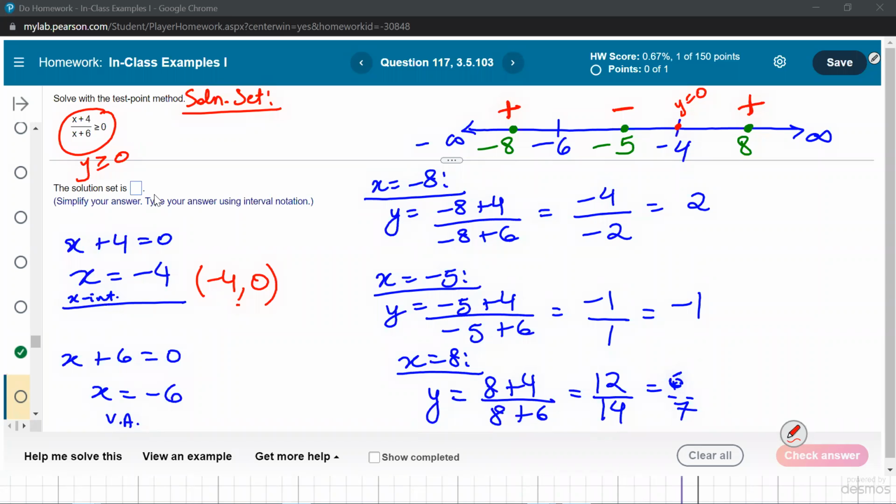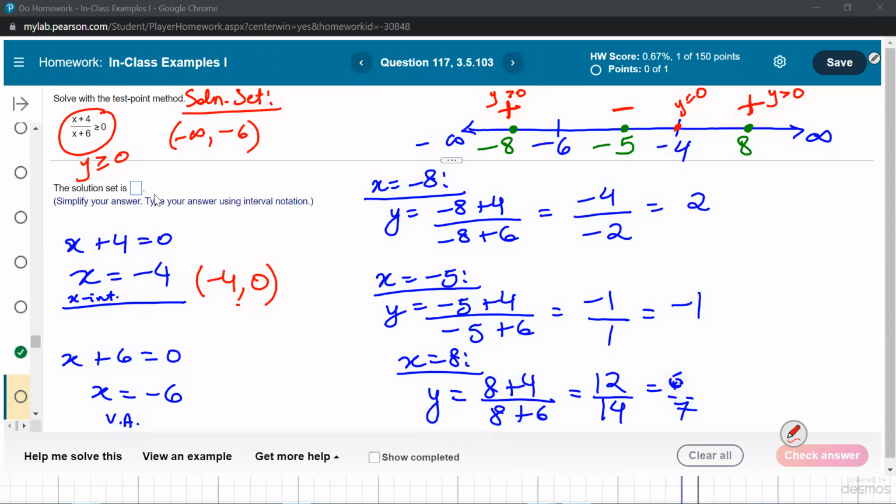Yeah, exactly. This is the section where your y value is greater than 0, and then right at -4, y is equal to 0. So that becomes the interval from -infinity to -6. Obviously, we're not including -6.